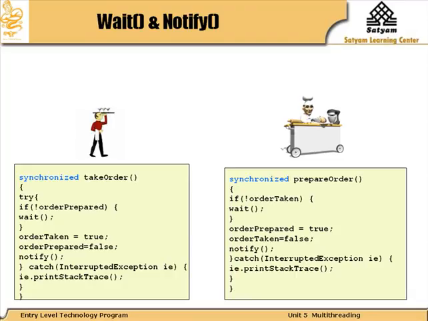In order to notify each other, I am using two Boolean flags, order prepared and order taken. As you see here, if order prepared is false, the waiter waits. He waits for the chef to finish preparing the order. And similarly, the chef waits if order taken is false.